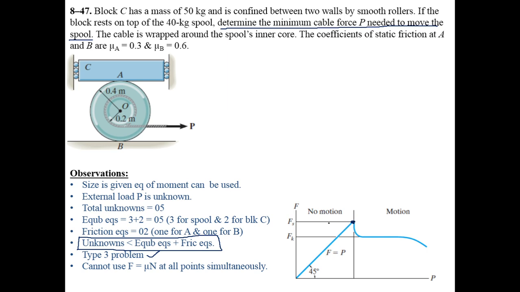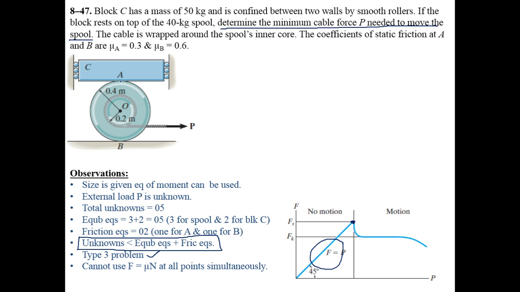The other point will still lie below this line in this region. So if I assume f b equals mu b n b, then this means that point B is going to slip first and point A is going to remain in equilibrium. And if this point remains in equilibrium, then I have to prove my assumption is correct, and I have to prove that point A remains in equilibrium.